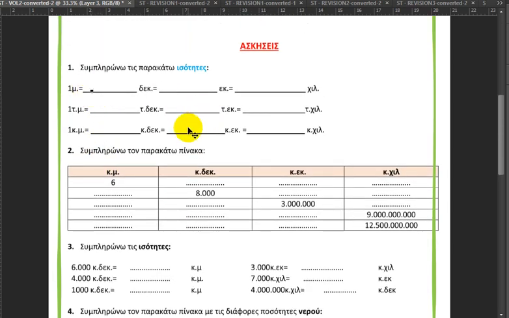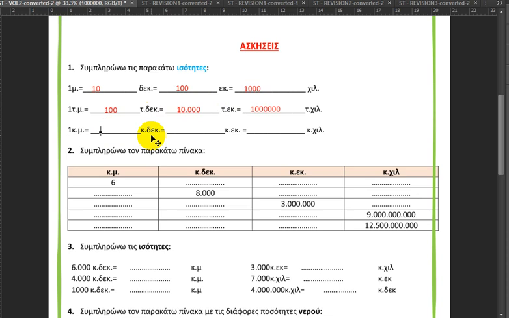Well, here we know that by definition 1 meter has 10 decimeters, 100 centimeters and 1,000 millimeters. 1 square meter has 100 square decimeters. It has 10,000 square centimeters and 1,000,000 square millimeters.